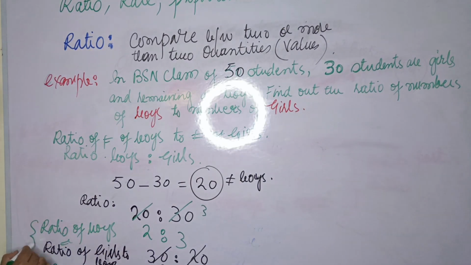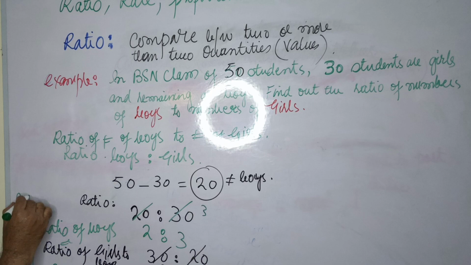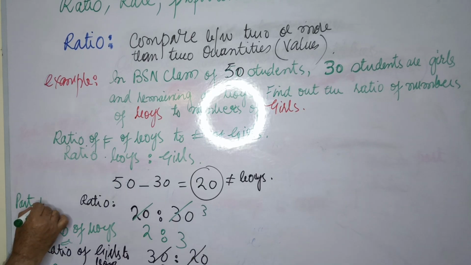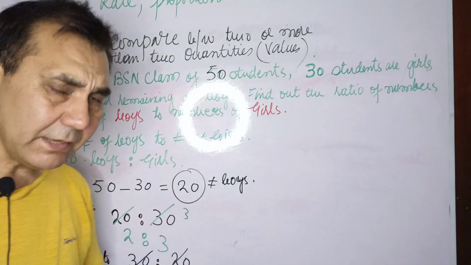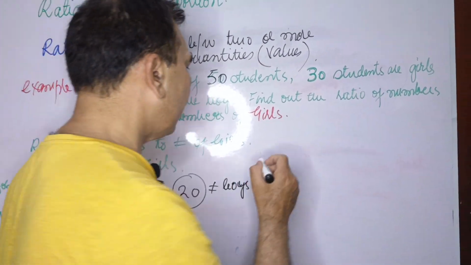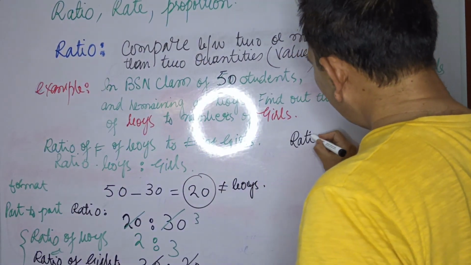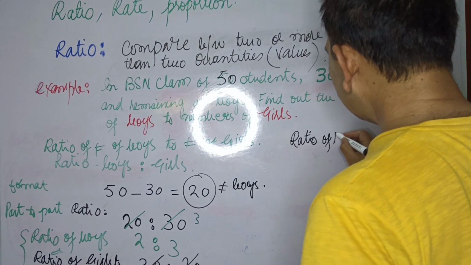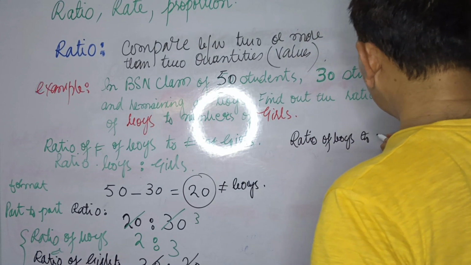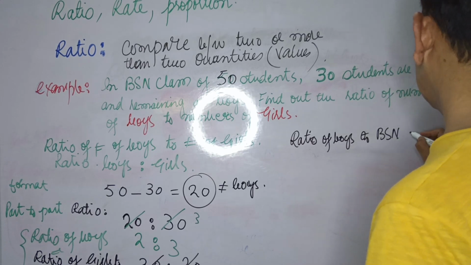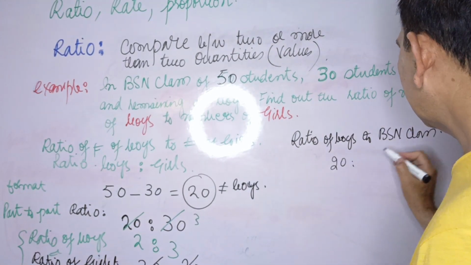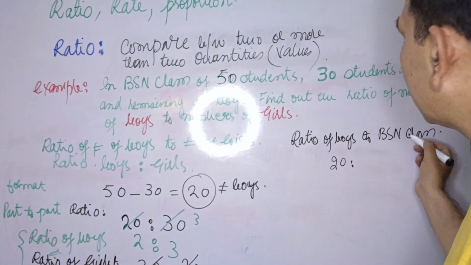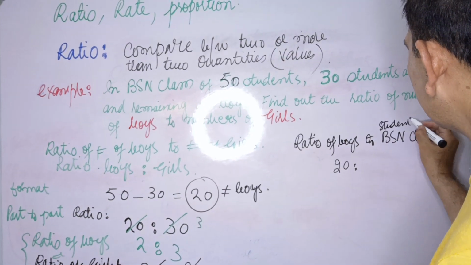So these both are, as I told you earlier, the part to part format of the ratio. Suppose I ask what is the ratio of the number of boys to the BSN class. Now the number of boys is 20, and the total number of BSN students is 50.